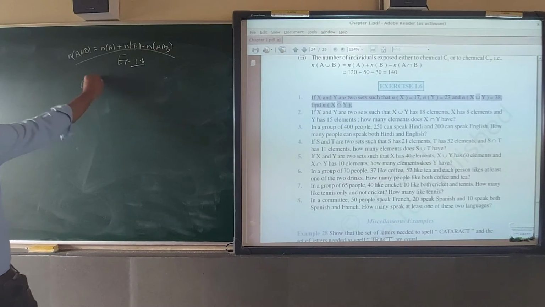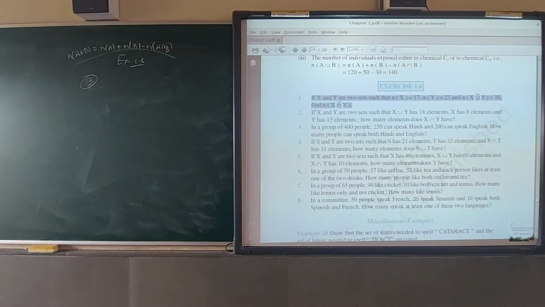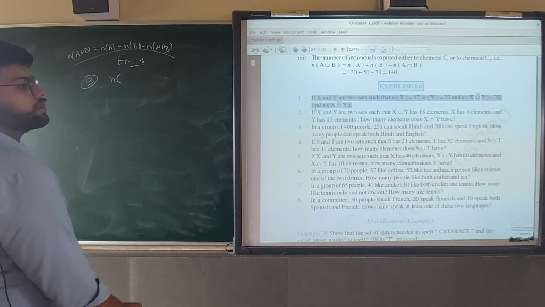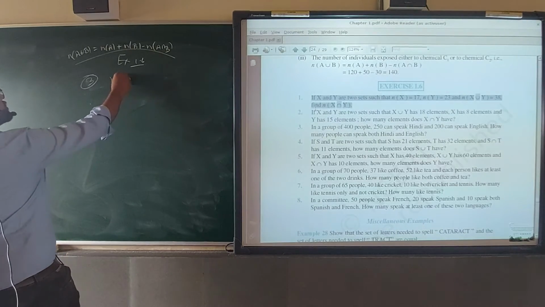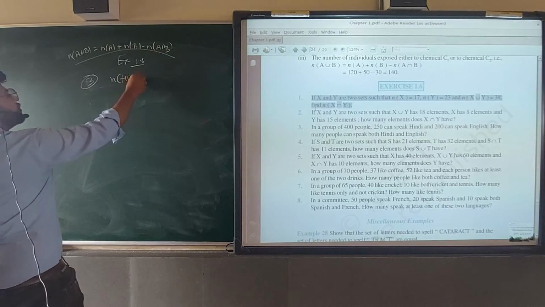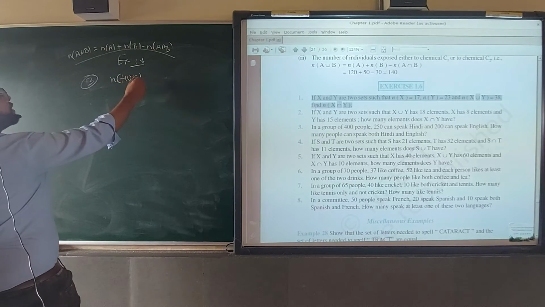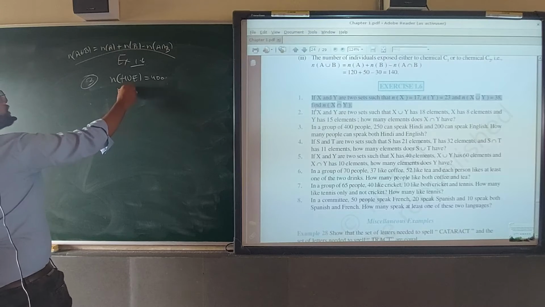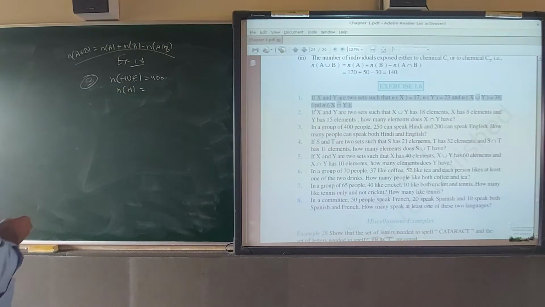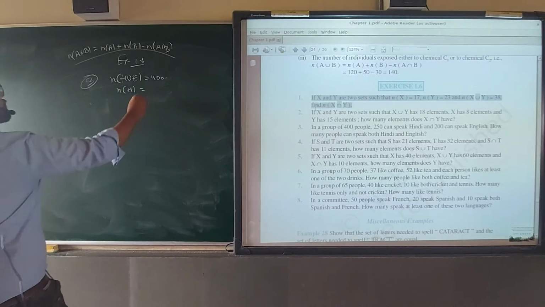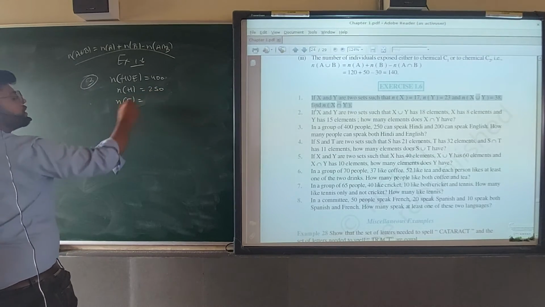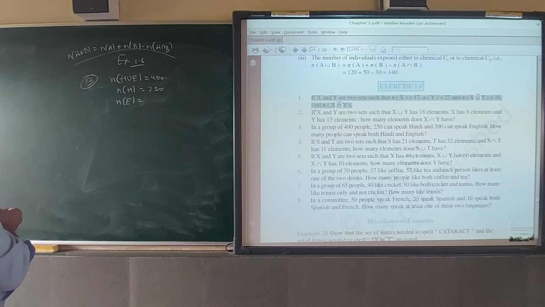Third question: in a group of 400 people, the union is given, that is n(H union E), Hindi union English, will be given as 400. Then the number of people who speak Hindi is 250 and the number of people who speak English will be 200.